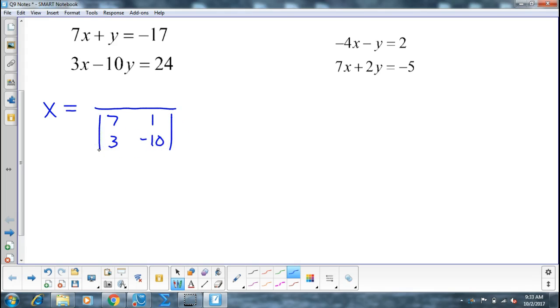Then because I'm solving for x, I'm going to replace the x coefficients with negative 17 and positive 24.